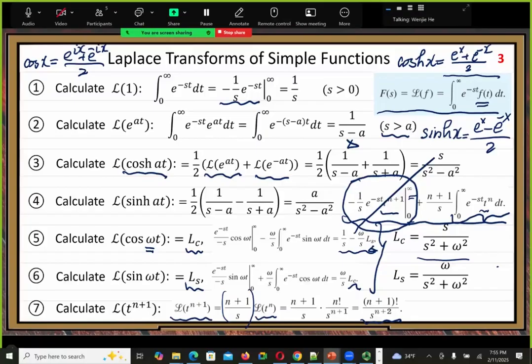So you need n to be an integer, and a non-negative integer. You can take 0, 1, 2.